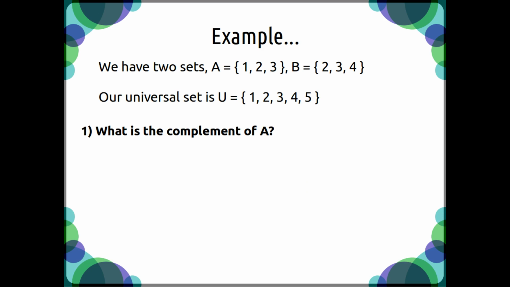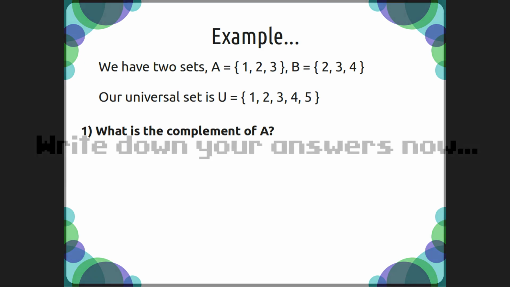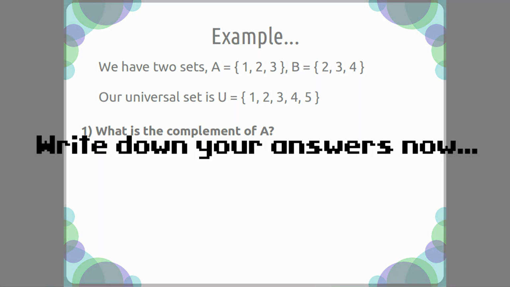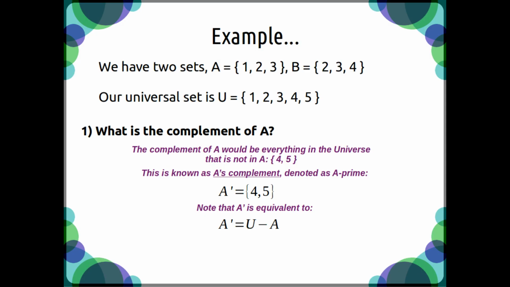In other words, what numbers are in the universal set that are not also in A? The complement of A here would be a set that contains 4 and 5. This is A's complement, and we write it as A prime.